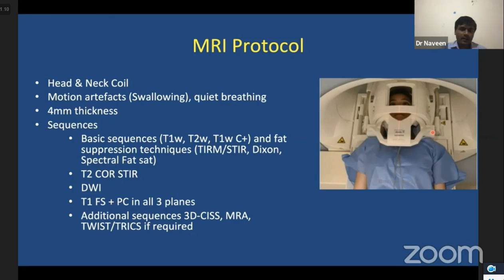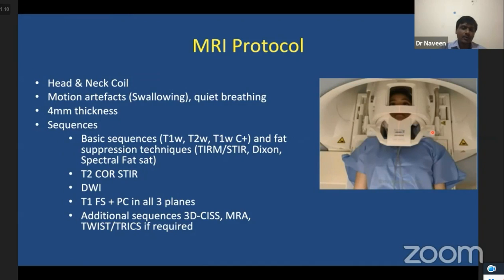And whenever we plan for an MRI, it is not that we should cover the entire neck from the base of the skull to the thorax.